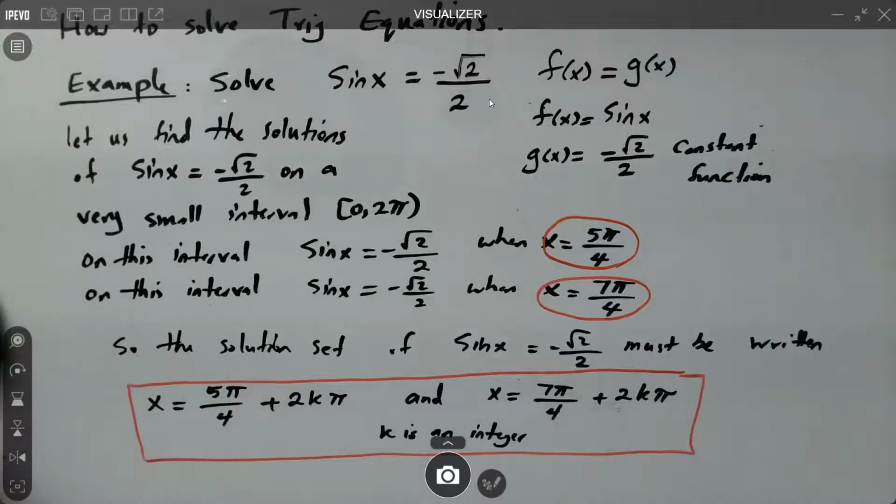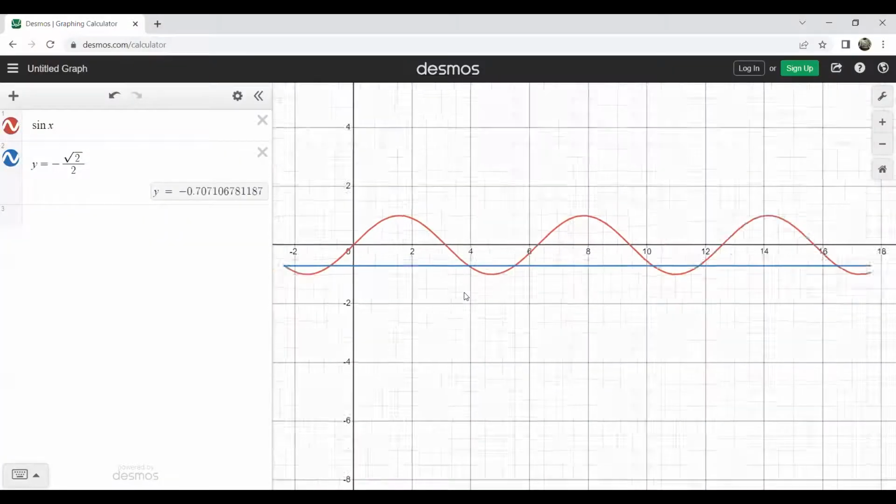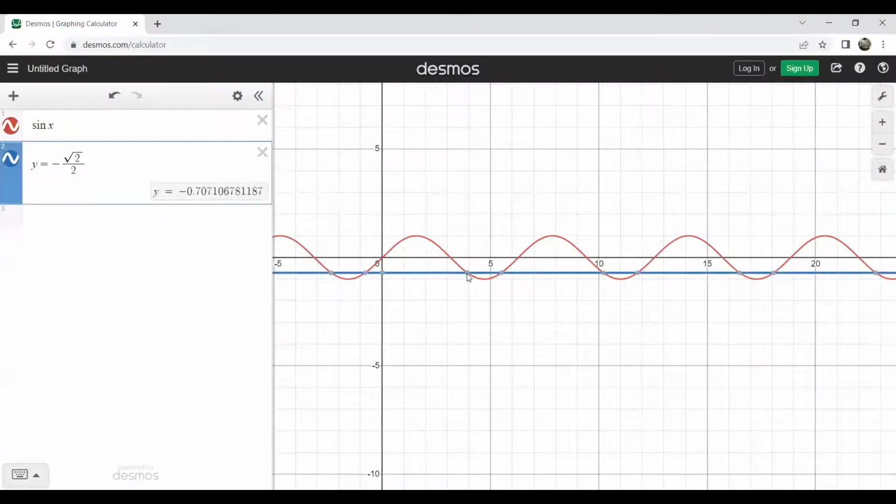Take a look at your graph. So we found 5 pi over 4. What's the relation between 5 pi over 4 and the next angle? This is 5 pi over 4 plus 2 pi. What about this angle? This is 5 pi over 4 plus 4 pi, 2 times 2 pi, and so on.